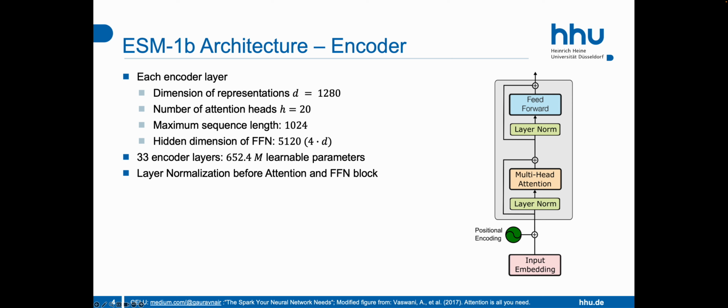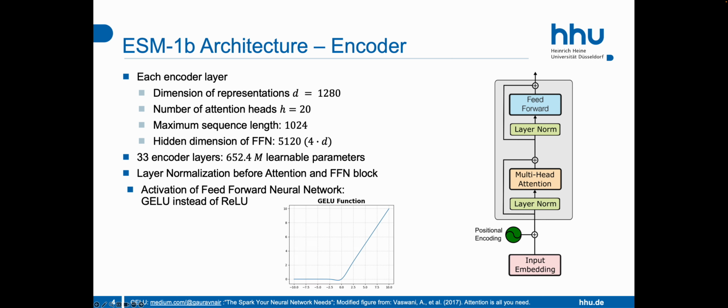One such exception is that they applied the layer normalization before the attention block and before the feed-forward block, instead of applying it afterwards, because they found that this slightly improves model performance, but this didn't affect overall performance that much. Another small difference is that they used in the feed-forward block a GELU activation function instead of a ReLU activation function.